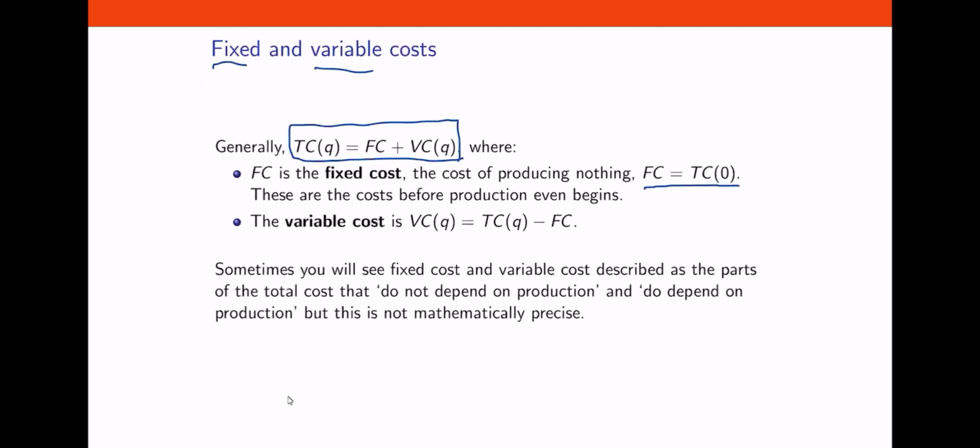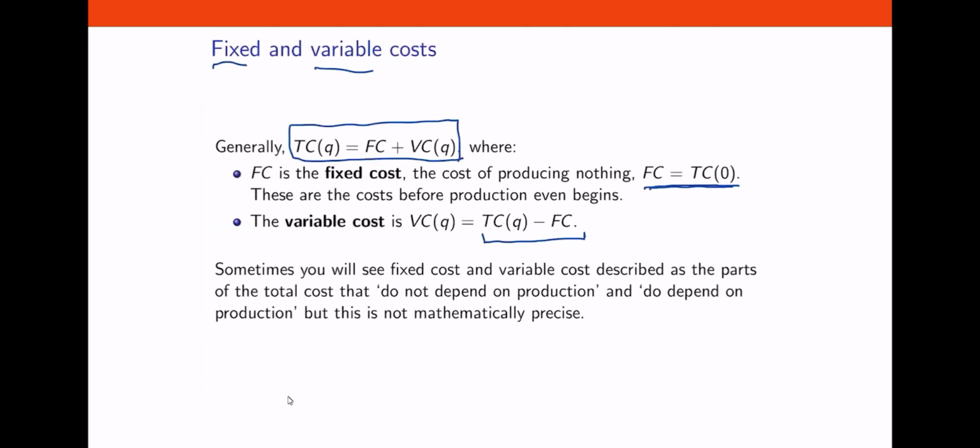The variable cost, well, actually, we can define that quite simply. If we've now defined the fixed cost, we can simply say the variable cost is nothing more than the difference between the total cost and the fixed cost. That's the easiest and most mathematically sensible way of defining variable cost.